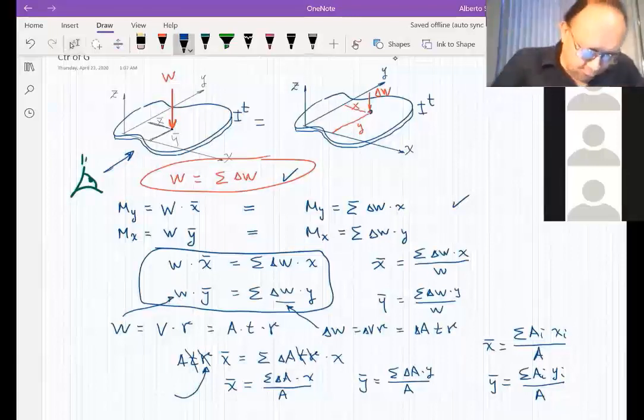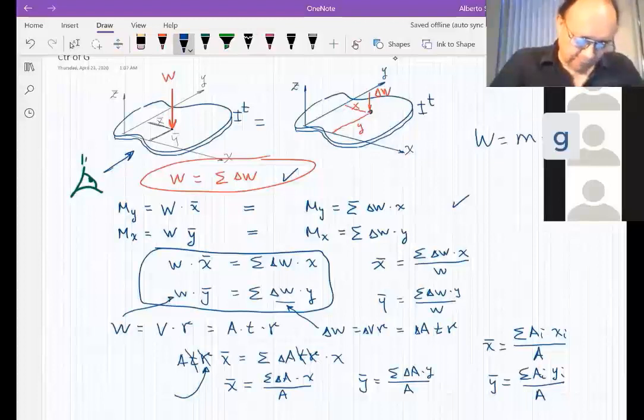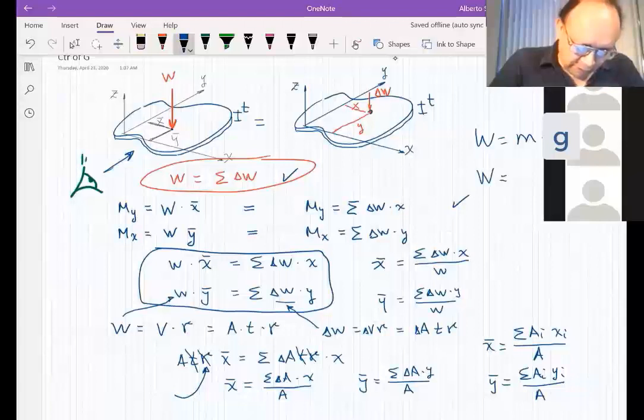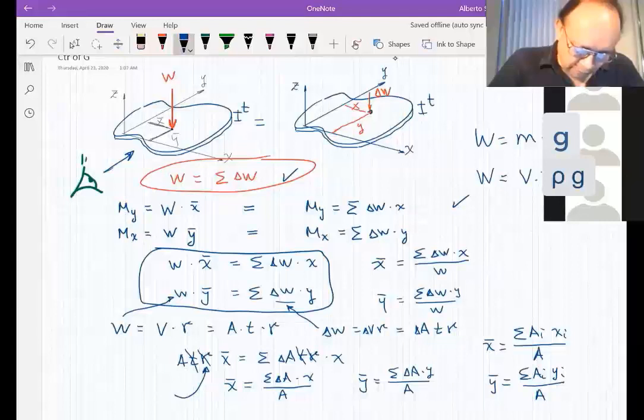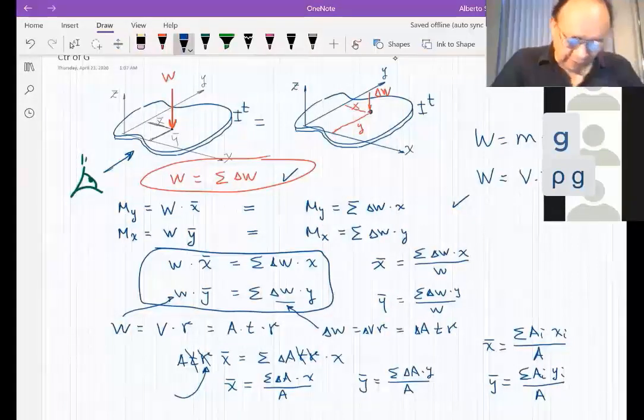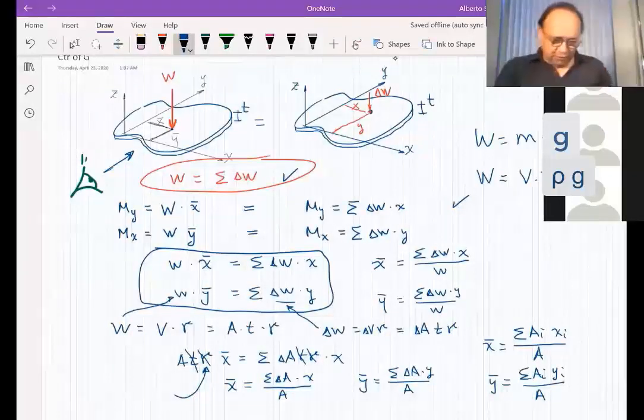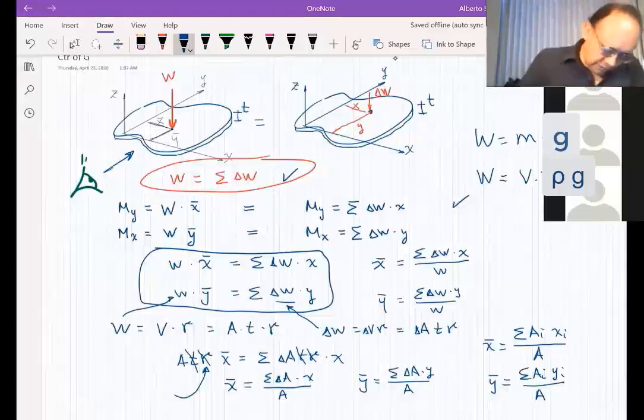When you say weight is equal to mass times G, then you can say mass is volume times density, times G. This is the specific gravity. It's kind of like the weight of the density. Oh, okay, that makes sense. Thank you.